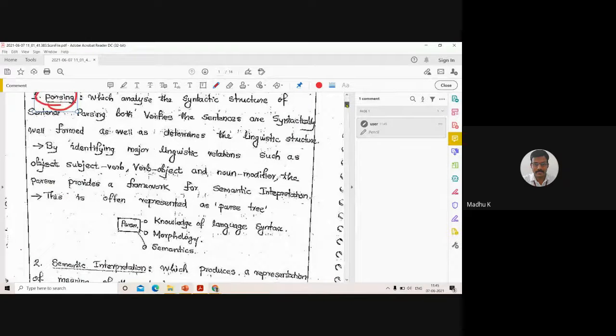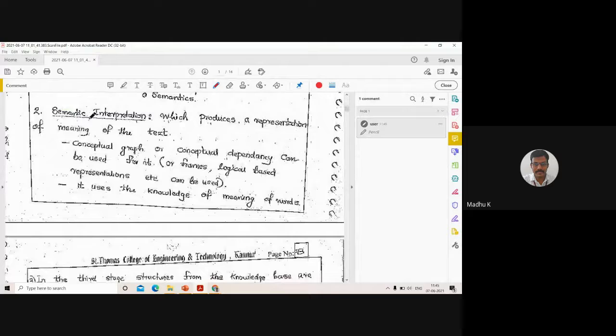Next is semantic interpretation, which produces a representation of the meaning of the text. The text we are analyzing.